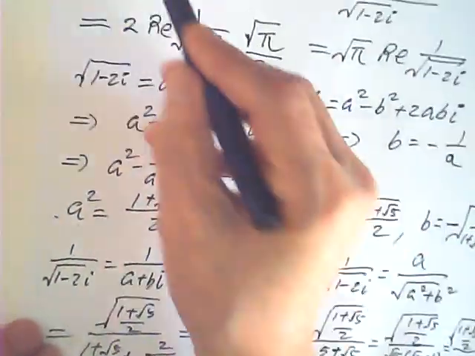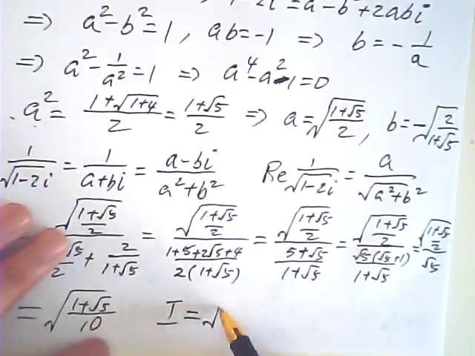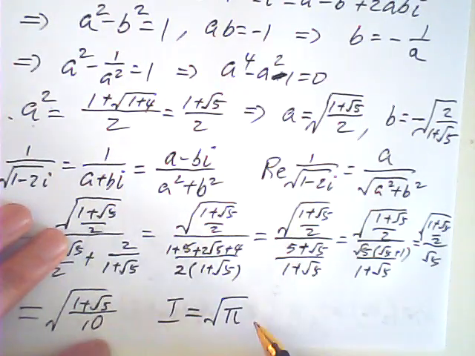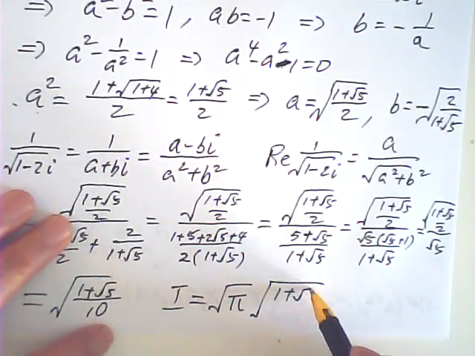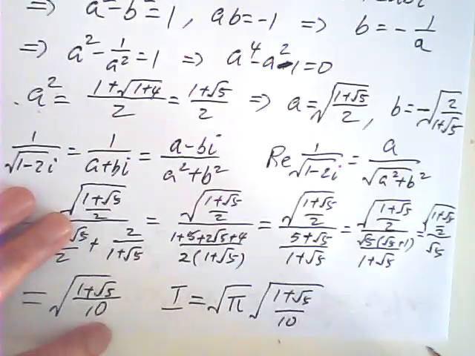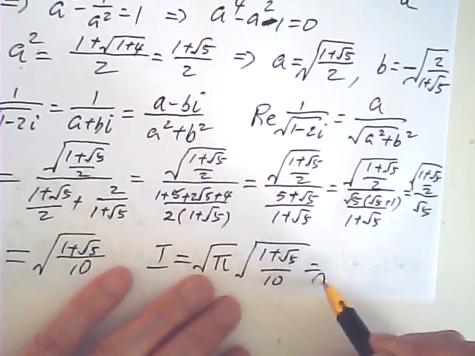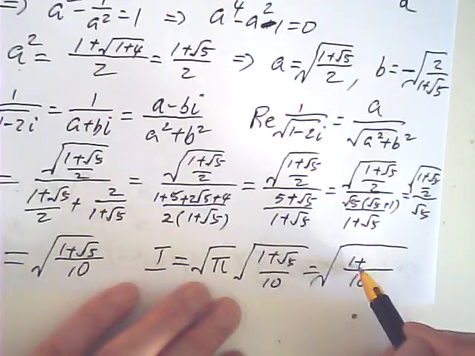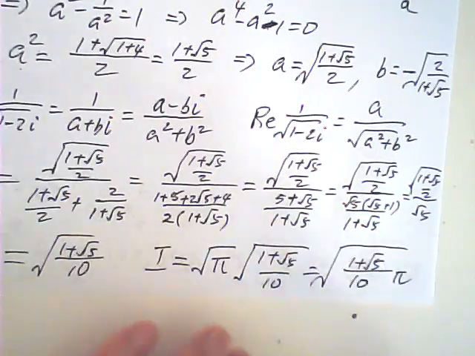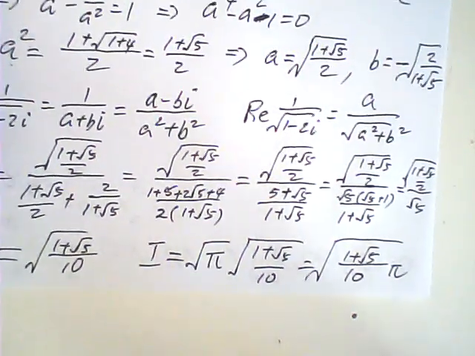So my integral I is equal to pi times this, 1 plus root 5 over 10. So we can write it together as the square root of (1 plus root 5) over 10, times pi. Wow, that is the result of the integral.